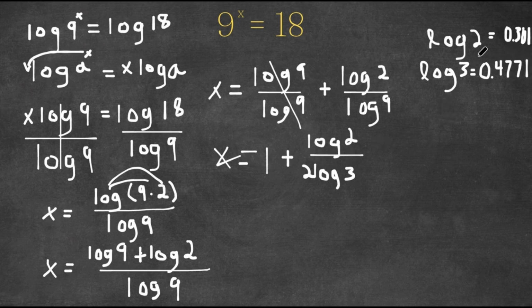So now if I plug in these numbers, we get 1 plus 0.301 over 2 times log 3, which would be 0.9542.